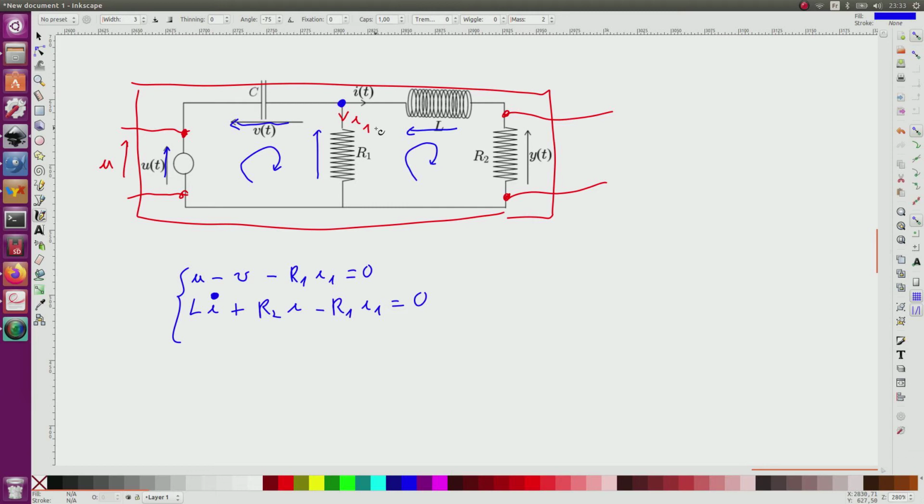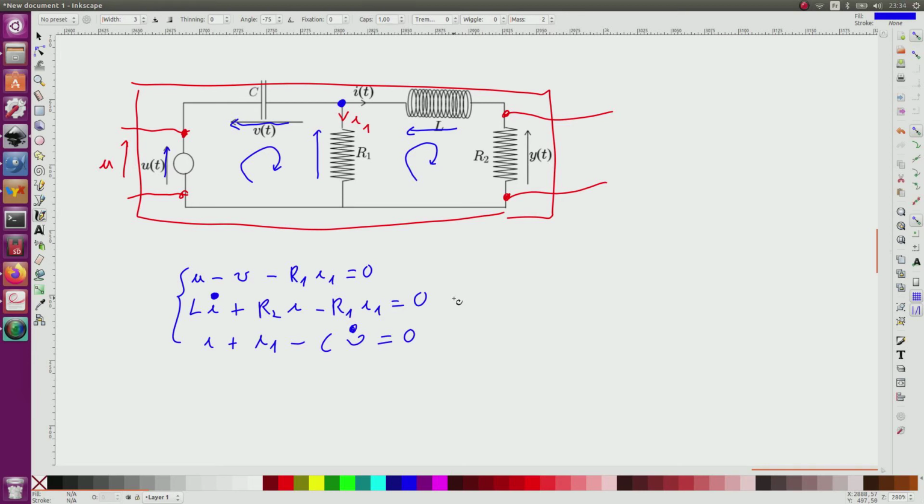And now I will use the node rule with respect to this point, and I will obtain E plus E1, and the current that crosses C, the capacitor C, will be C V dot, and this should be equal to 0. Okay, from this I should be able to obtain the state equation.